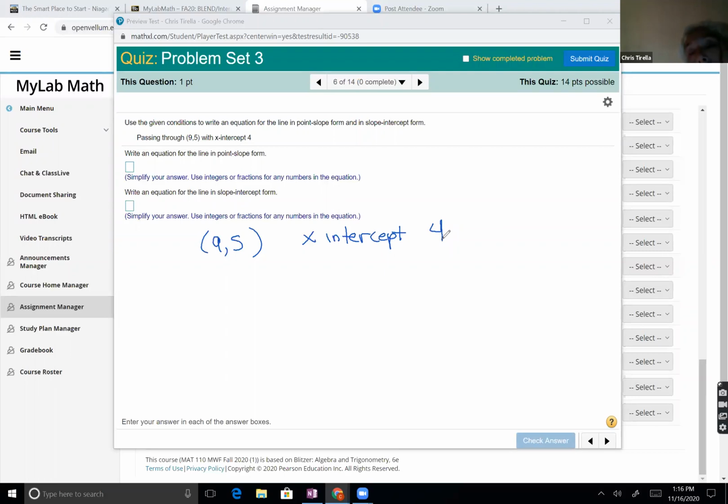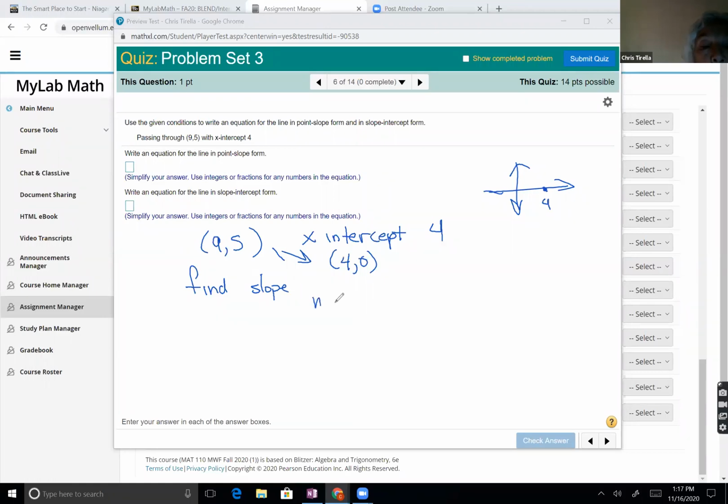X-intercept of 4. If I try to picture it, that means that this line is crossing my x-axis at 4, which means that it's going through that point 4, 0. X-intercept always has a y value of 0. And now that I've got 2 points, can't I find my slope?